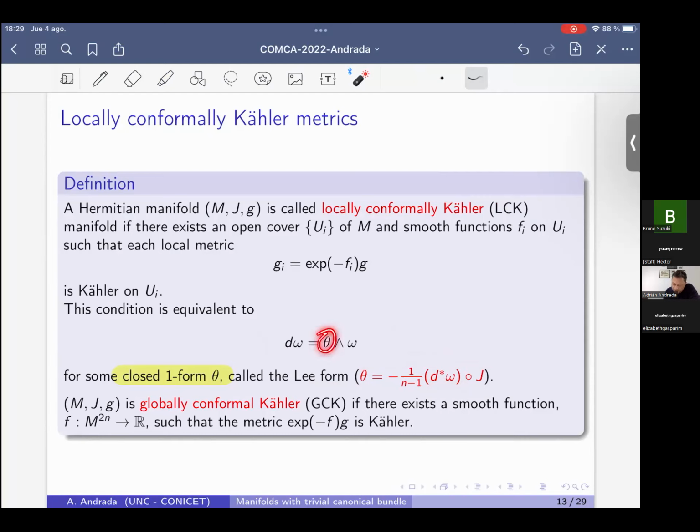This theta is formed by the differentials of all these functions f_i. They can be seen to glue together on overlapping open subsets of the U_i, and then they form this closed, globally defined one-form theta. Well, this one is globally conformally Kähler, and as the name says, the metric is globally conformal to a Kähler metric.